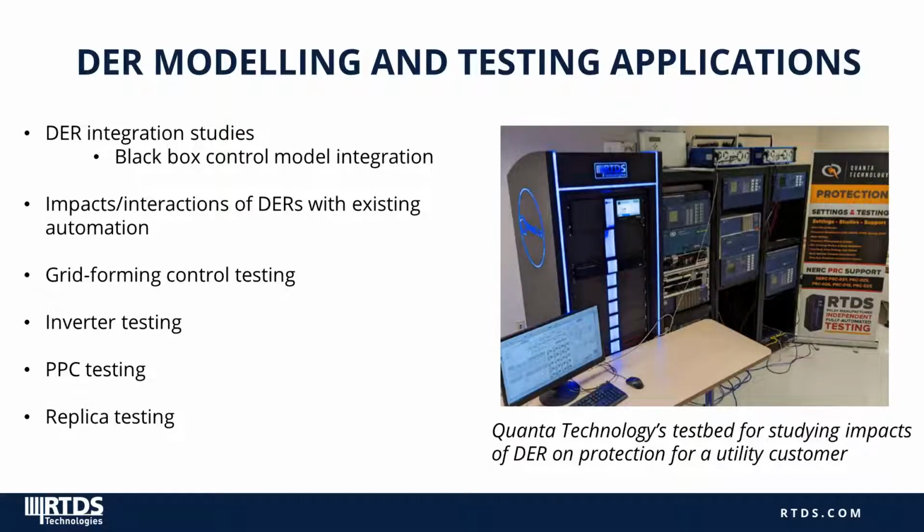Today we're talking about DER interconnection. And DERs are a huge application area for us, particularly when it comes to inverter-based resources. So I thought I'd give you an idea of the other types of projects that are happening in the renewables and DERs space. DER integration studies can be small or large scale, and typically these are done by utilities or system operators.